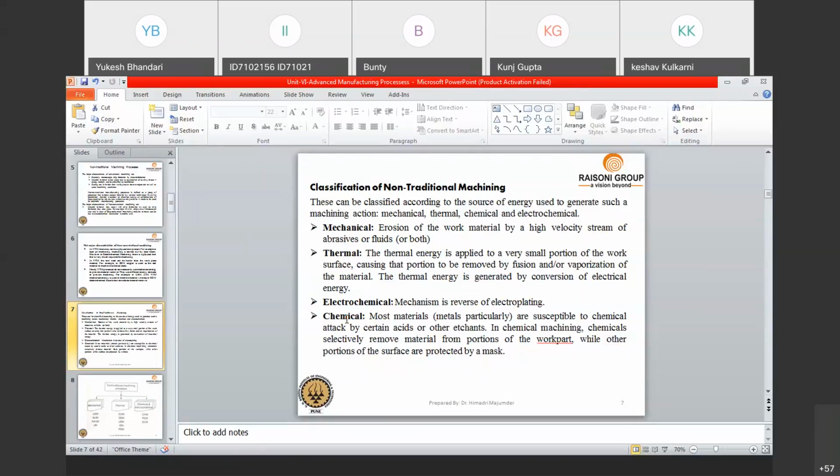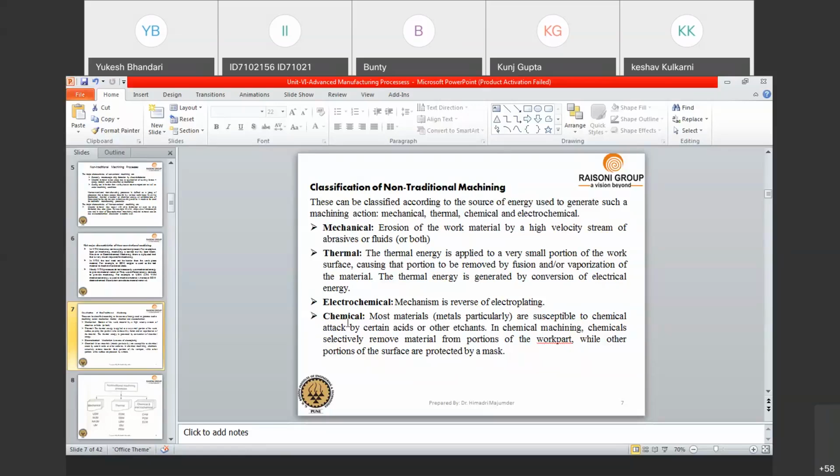So here is another type, thermal type, where we use thermal energy source generated from electrical energy, and that thermal energy is applied to a very small portion of the workpiece. When we apply this thermal energy on a small portion, the material gets removed by fusion or vaporization of the work material. In this way thermal energy source will work.